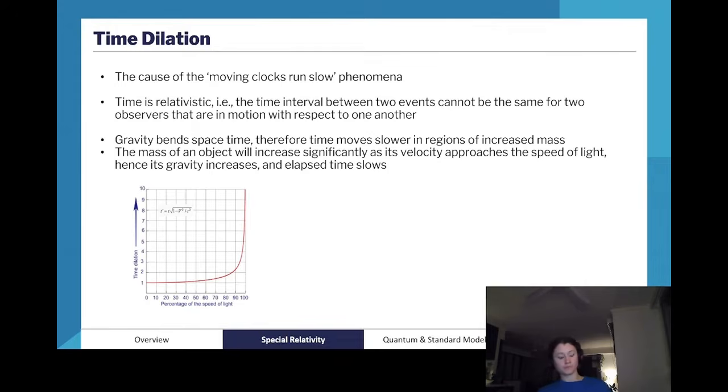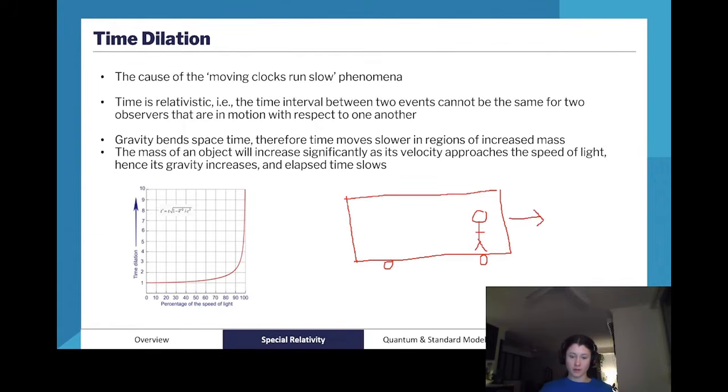So, a classic example of this is the light bouncing between mirrors. Say we have a train, right? A person is on the train, and the train is moving in this direction at 0.95 of the speed of light.